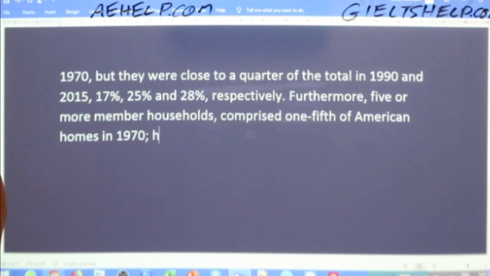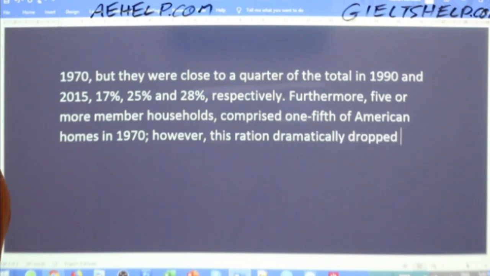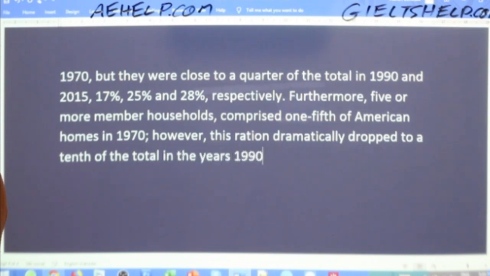However, this ratio dramatically dropped to 1/10 of the total in the years 1990 and 2015.